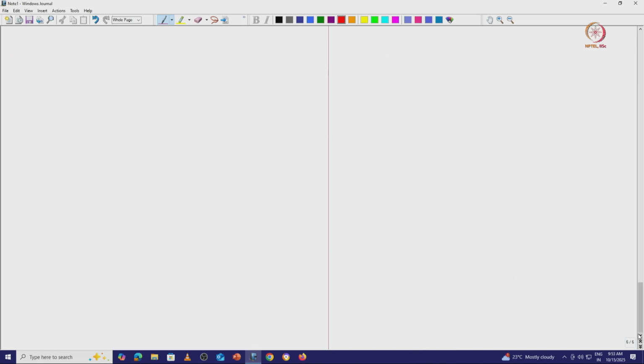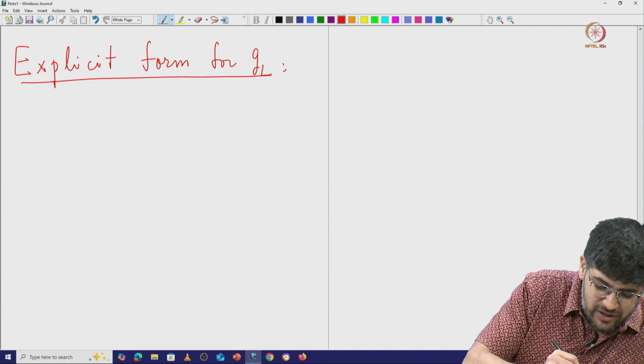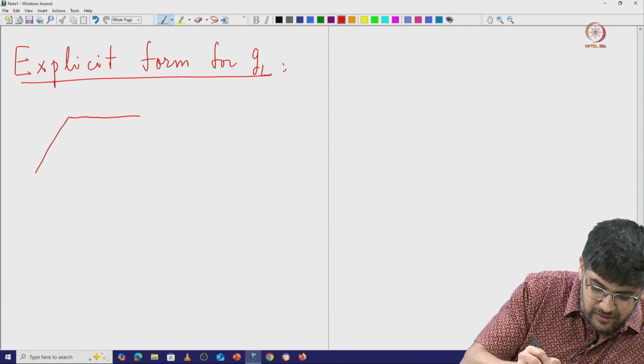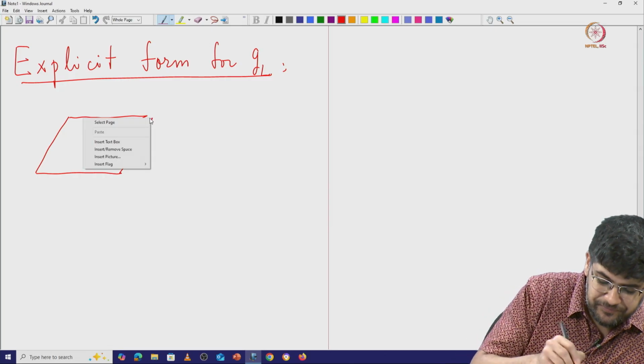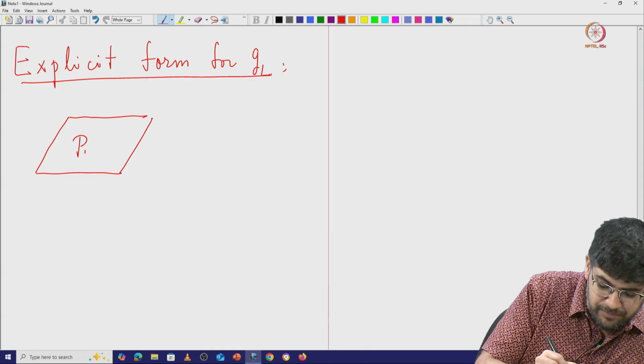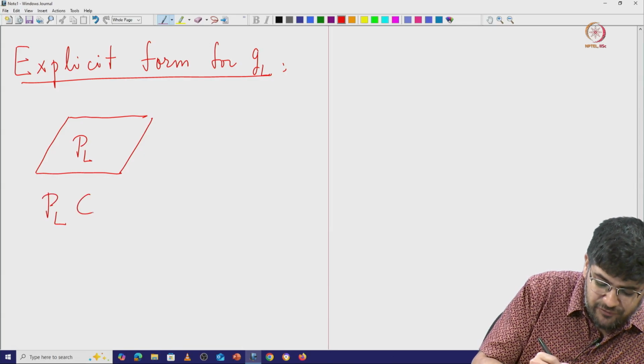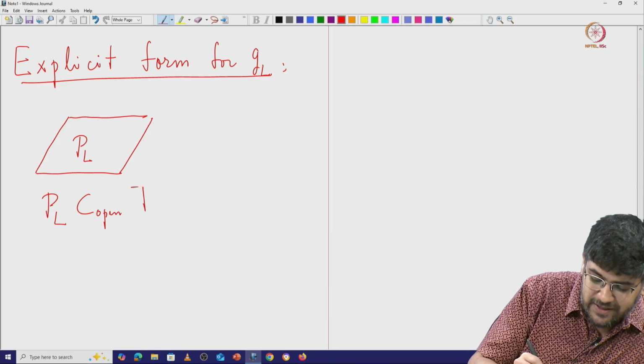All right. So now I want to write this in local, so explicit form. Okay, so note that you have your fundamental parallelogram P_L, and P_L can be identified as an open subset inside T_L, right.